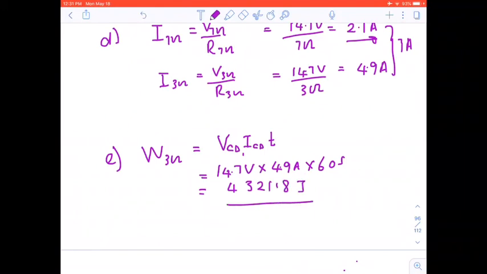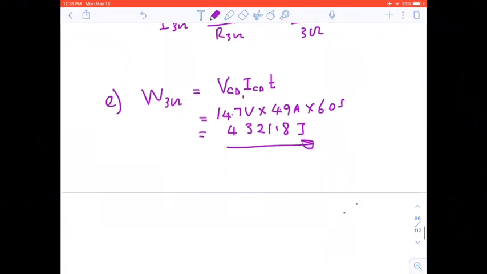So that is the energy that's being expended in that particular resistor, right? Okay, and that was in the 3 ohm resistor.